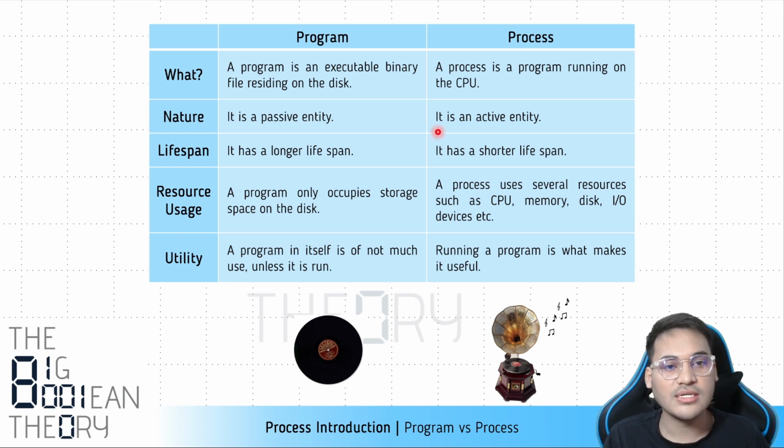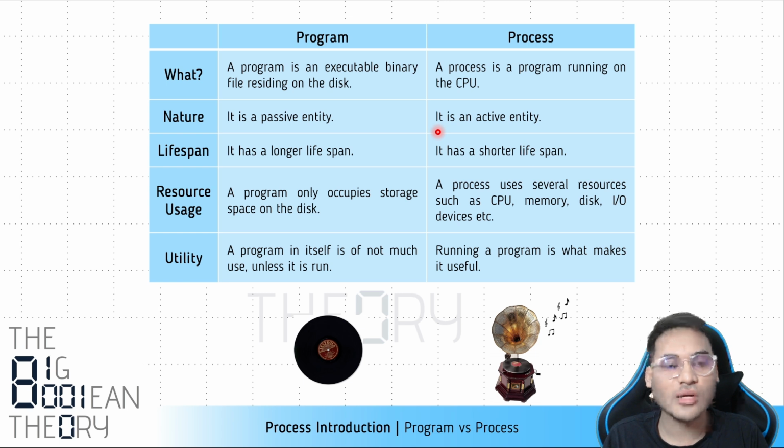And a process is an activity, which is very different from the nature of a program. When you talk about a process, there is a whole bunch of activities going on. For example, the instructions are being executed, the data is being processed, and as a user, you are interacting with the process, right? You can give your input, you can see some output. All of these activities are associated with the process.